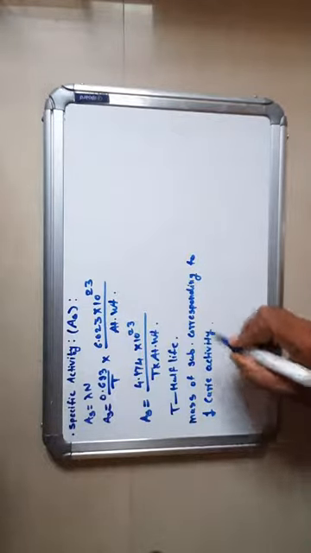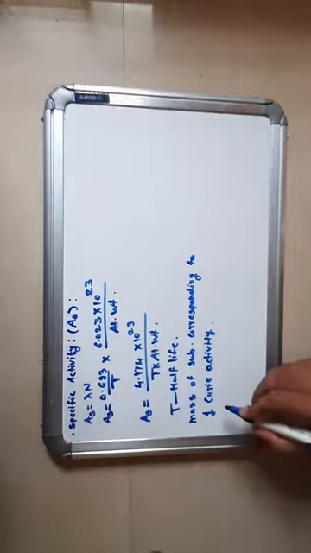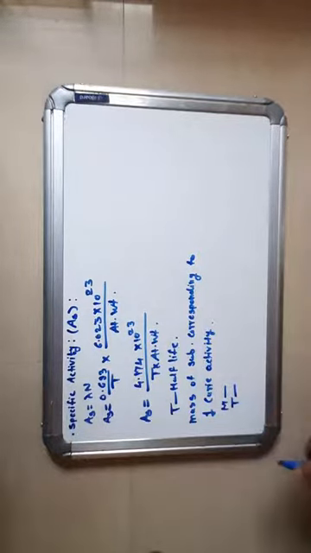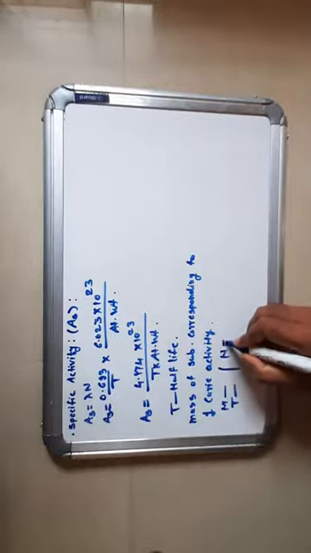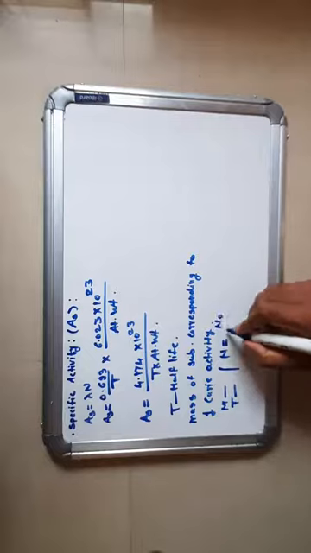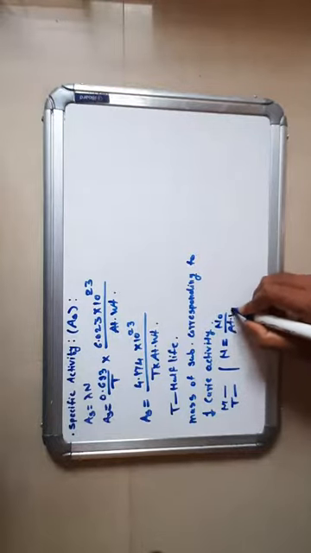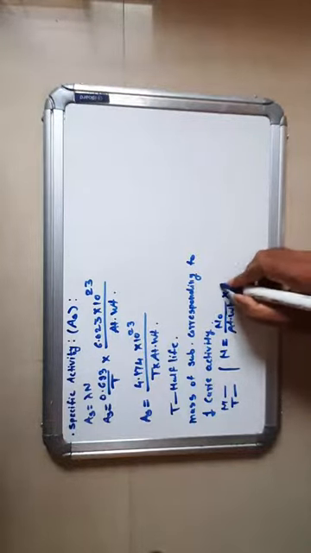Here capital M is the mass of substance and capital T is the half-life. The number of atoms in it is equal to N naught divided by atomic weight into mass.